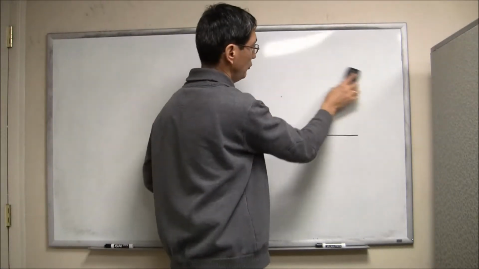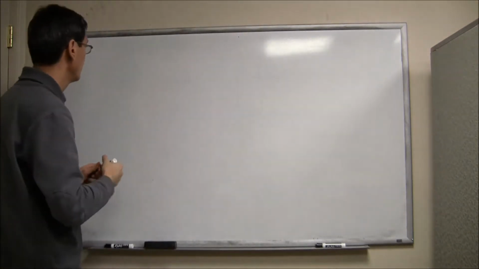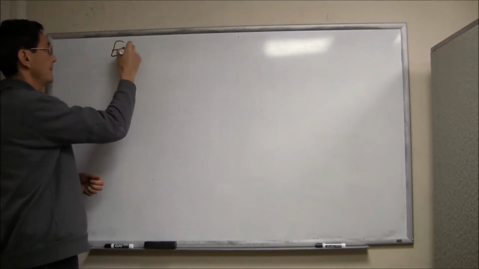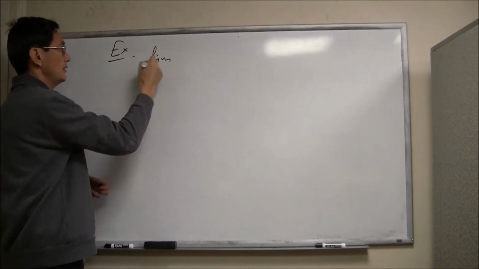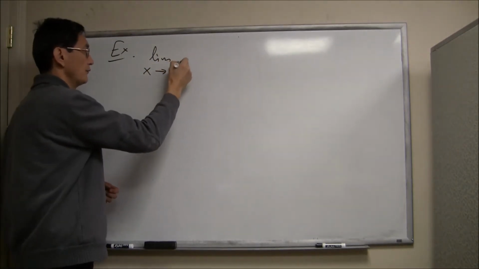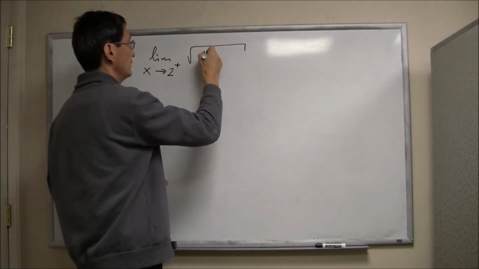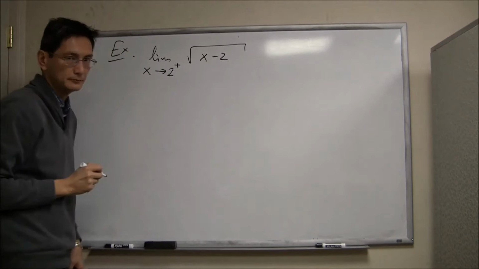So the first example will be with a square root. Limit as x approaching 2 from the right of square root of x minus 2.